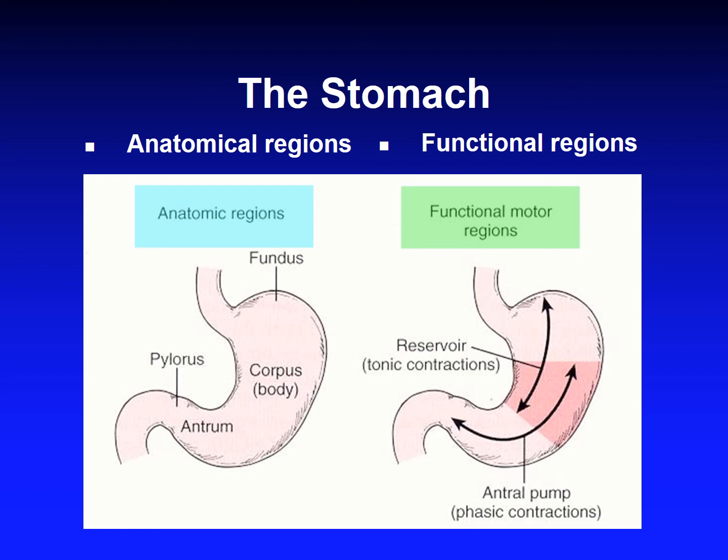The right-hand side picture shows the functional regions of the stomach, which I will be talking about now. And the left-hand side picture shows the anatomical parts, fundus, body, and antrum. And then you will have the pyloric sphincter.